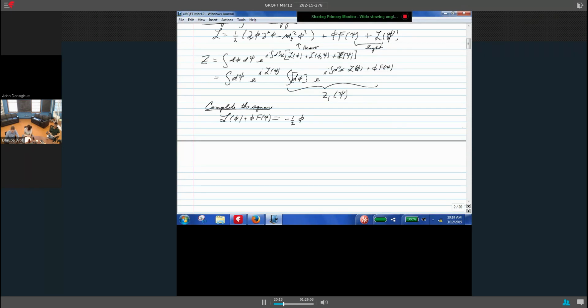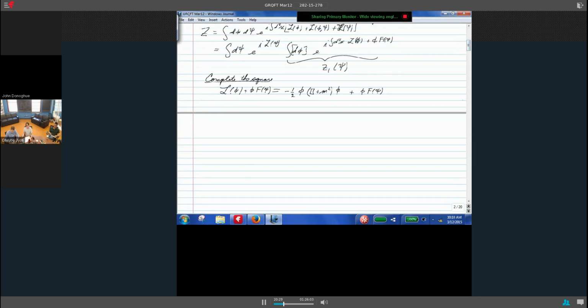It's pretty simple. You complete the square. You take L of phi plus phi F of psi, which is minus a half phi (box plus m squared) phi, where I've integrated by parts there, of course, plus phi F of psi.